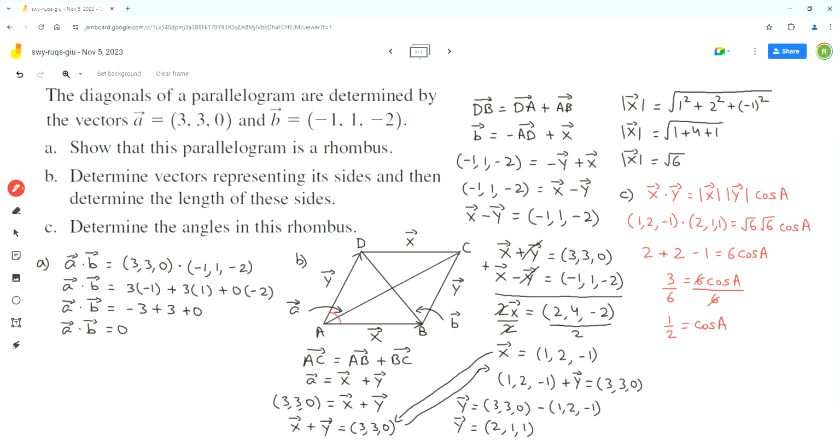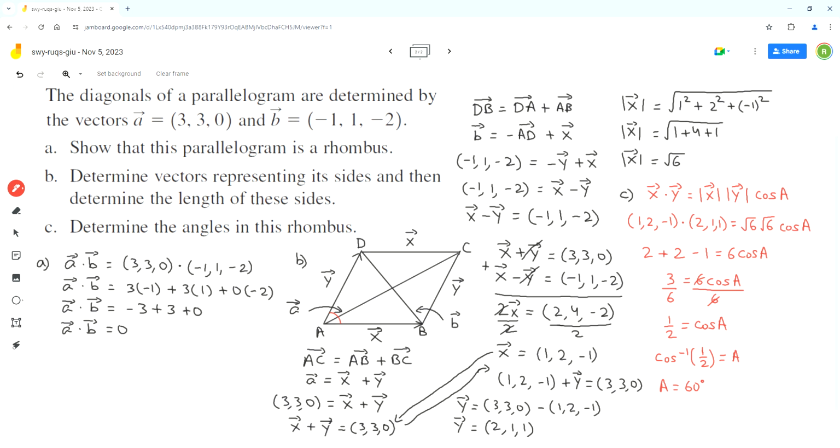So cos A is equal to 1 over 2. Now we can do the inverse of cos. So A is equal to 60 degrees. So that's the measure of angle A.